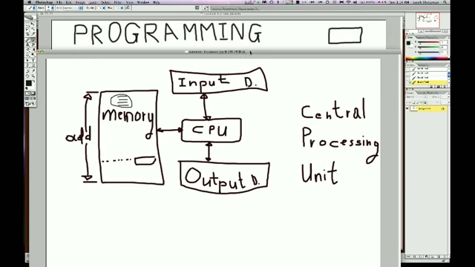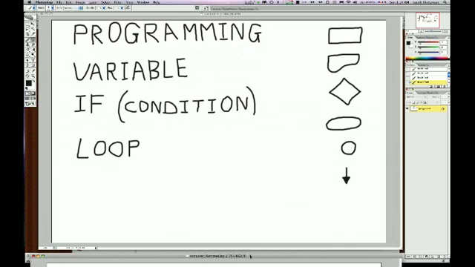Okay, so if you remember, we had those shapes. This one means instruction, this one means print, this one means a question for which the answer is yes or no. This means the start and the end. This is a connector, and this is a control flow.